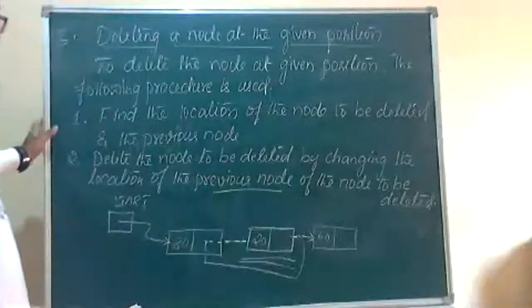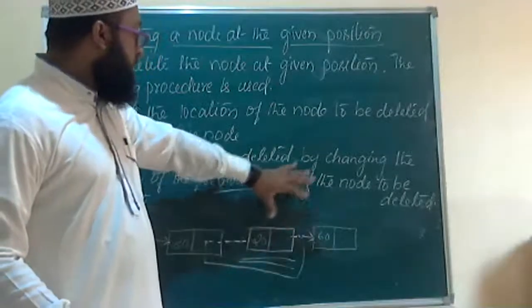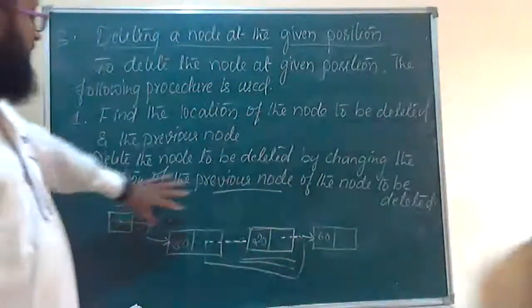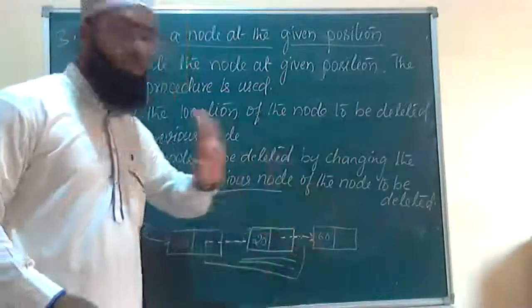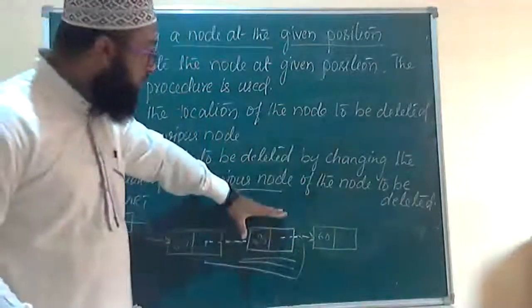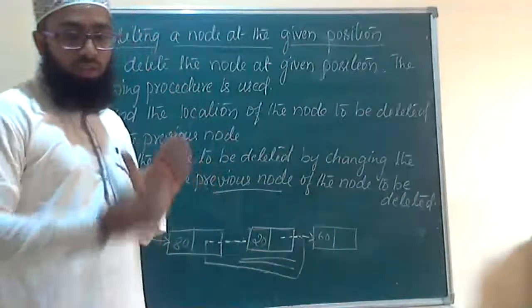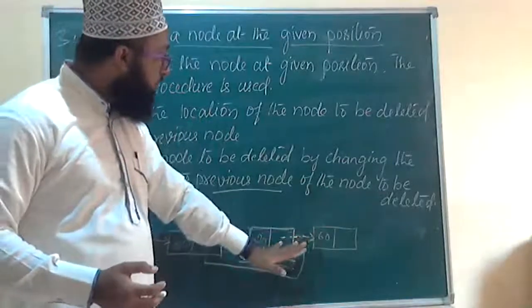We have to delete the node by changing the location of the previous node. Then this node is going to be deleted. The node which we want to delete, we have to find the location of that node, and first we have to remove the location of this node.